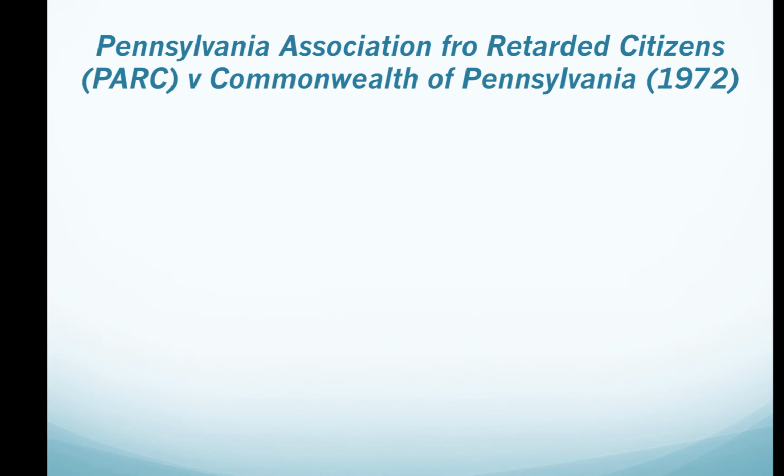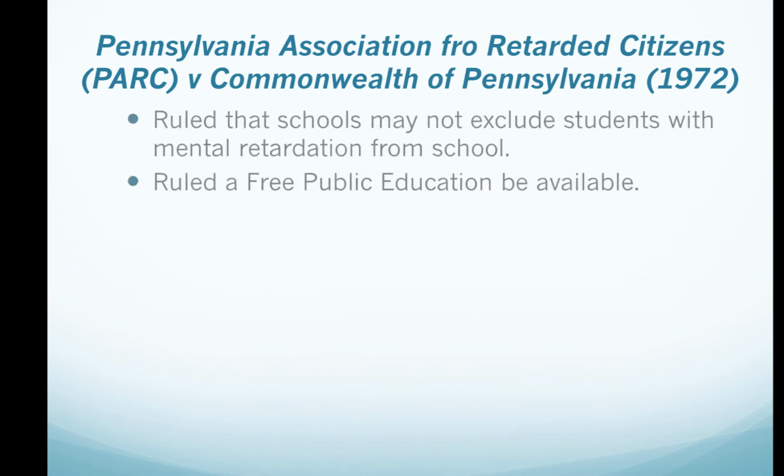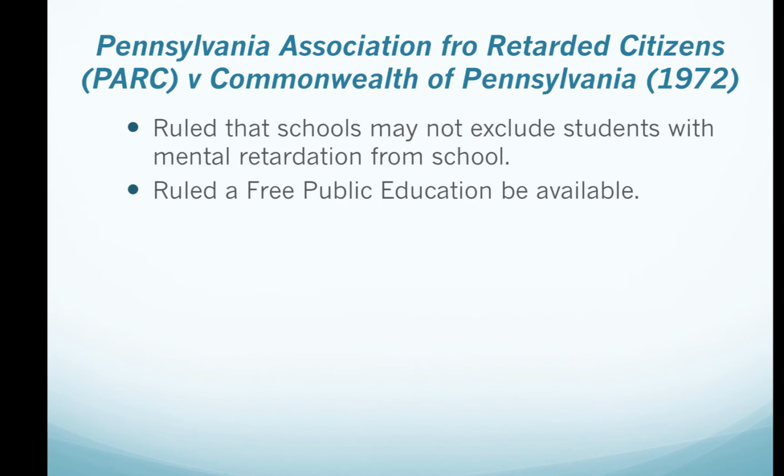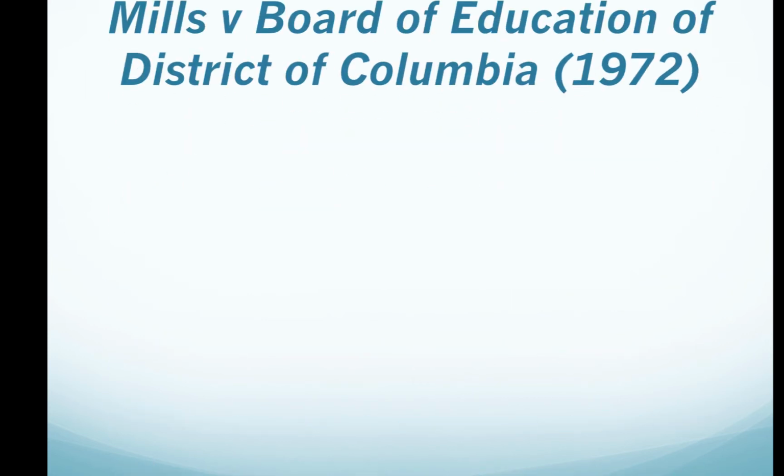So PARC didn't go to the Supreme Court; they just agreed upon it. It ruled that schools may not exclude students with mental retardation from school, and that a free public education must be available for those students.